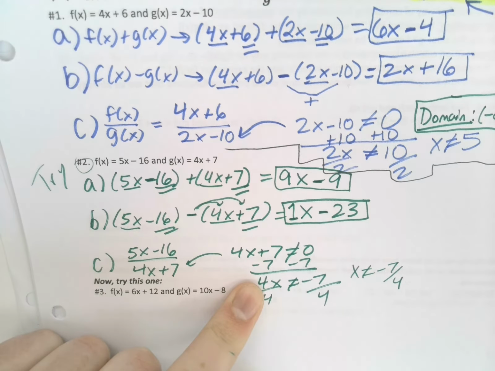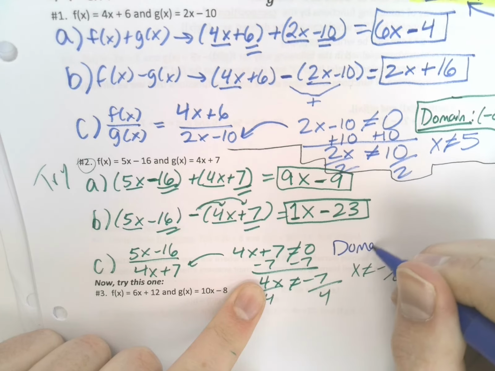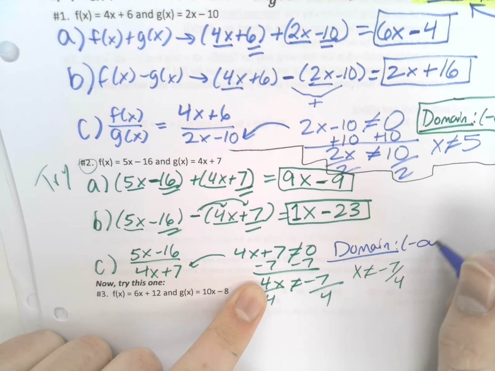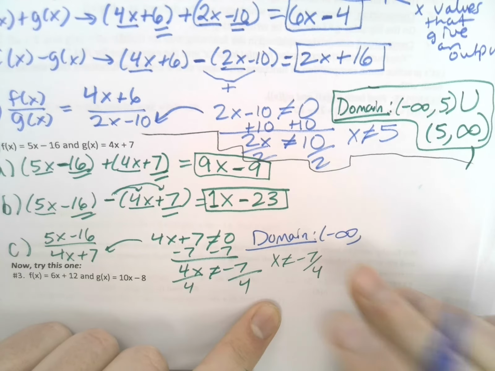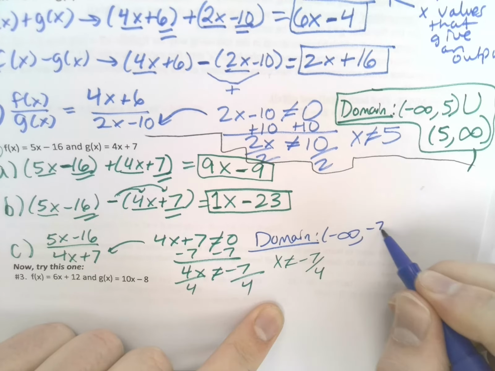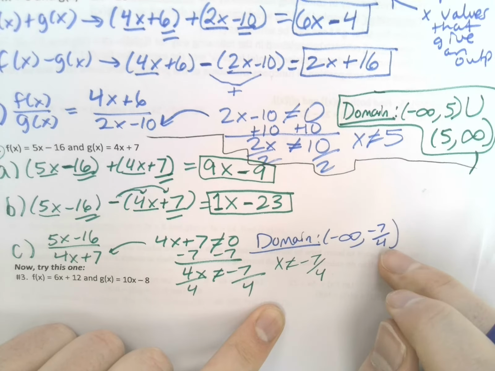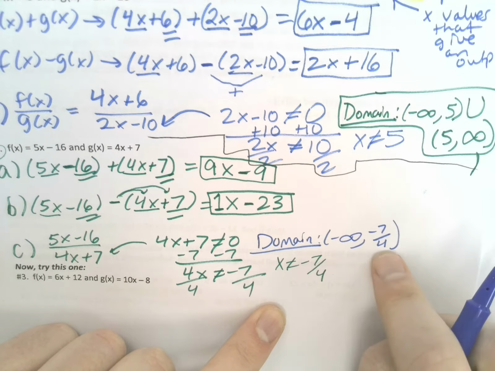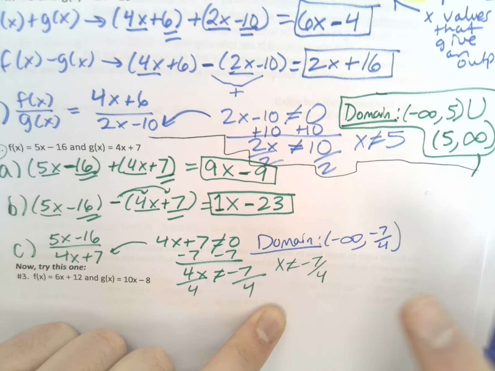So our domain then is going to be everything but negative 7 over 4. So everything from negative infinity to negative 7 over 4, parenthesis, because we can't include it. We use parenthesis here because you can't reach negative infinity. We use it here because you can't actually reach negative 7 over 4.